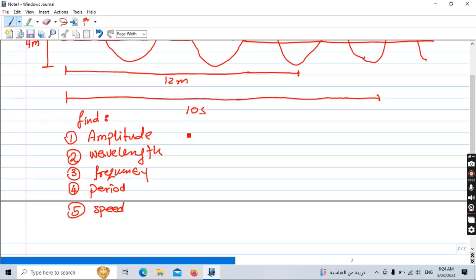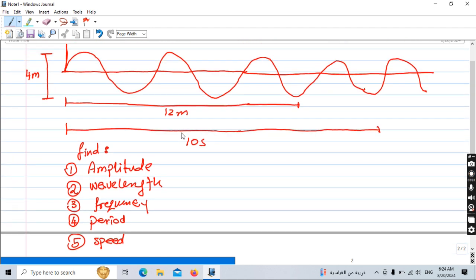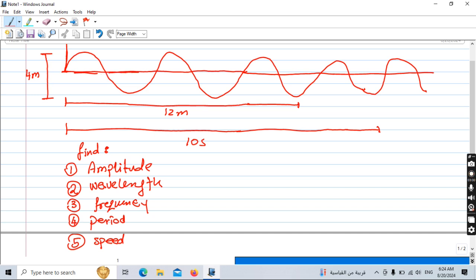The amplitude is the maximum vertical displacement from this line here, which divides the wave into two halves, the upper half and the lower half. Since he's giving you the distance between, this is called the trough, and this here is called the crest. He's giving you this vertical distance to be 4 meters, but I'm interested only in the amplitude.